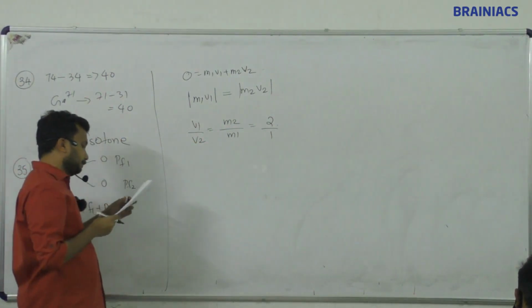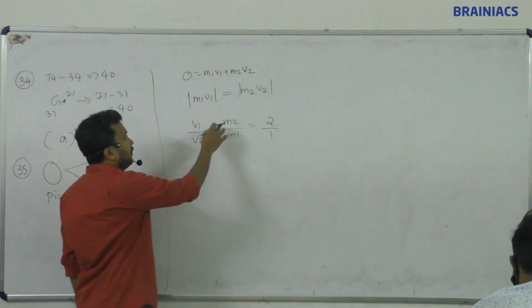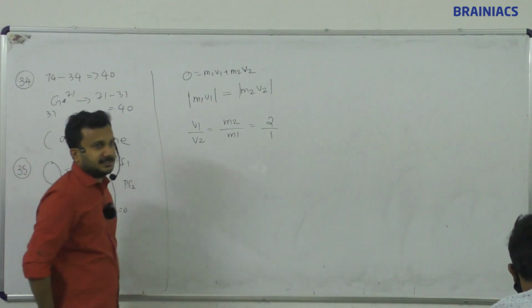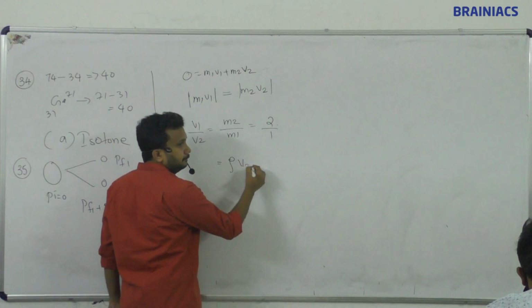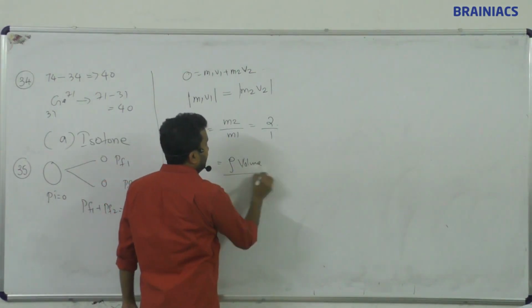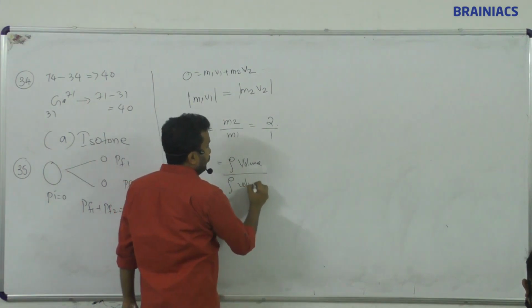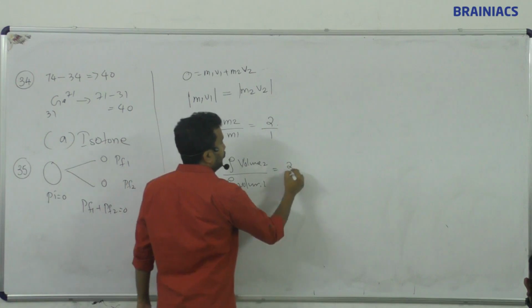What are they asking? What will be the size of the nucleus? So how is mass connected with the radius? Density into volume. Mass of 2 by mass of 1 is equal to 2 by 1.